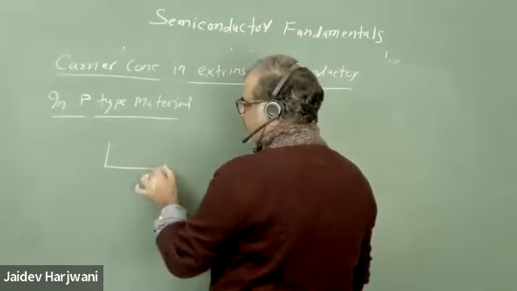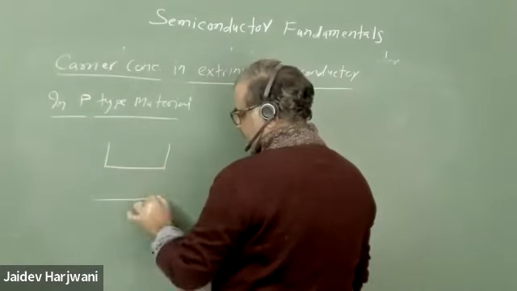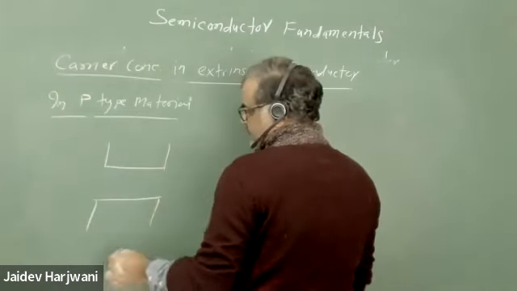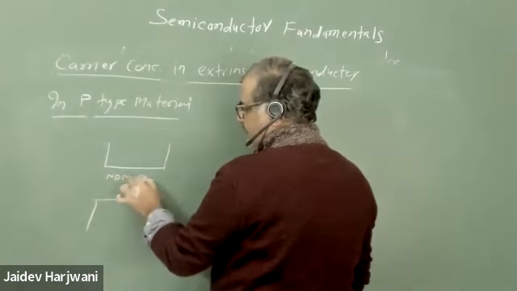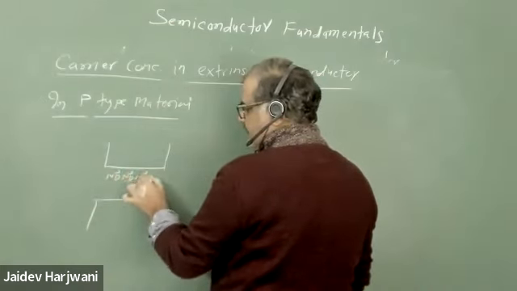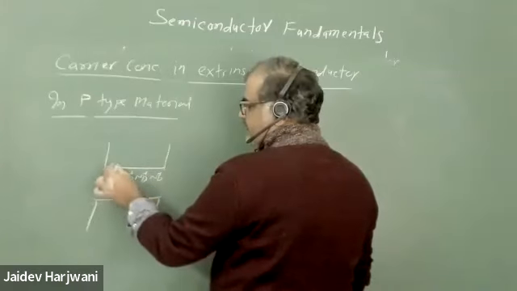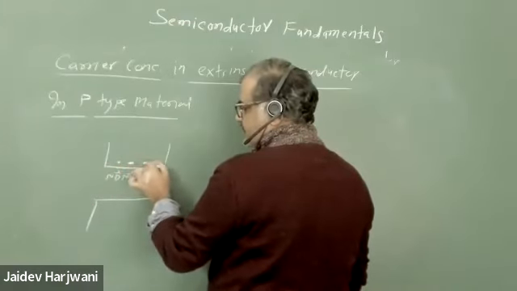Let me explain. You're asking about this one. Here you have dopant atoms which are ionizing. So 4 atoms ionizing, you're getting 4 electrons here.